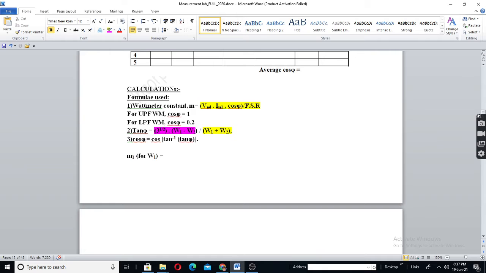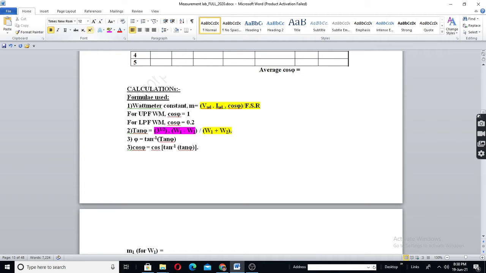Then take inverse of tan phi. You will get phi. Phi is equal to tan inverse of tan phi.